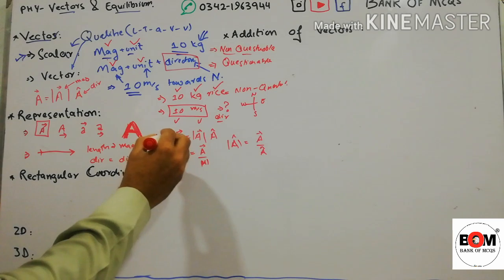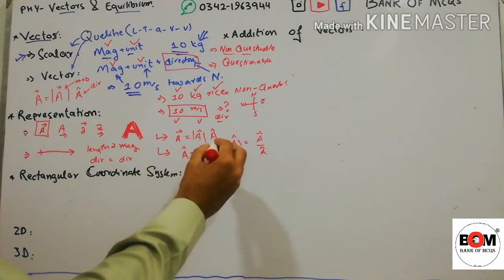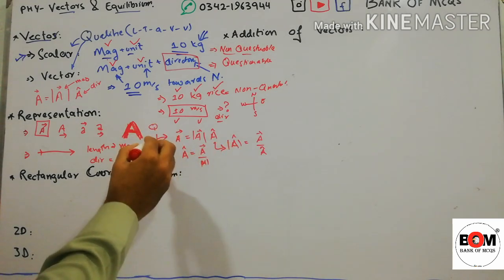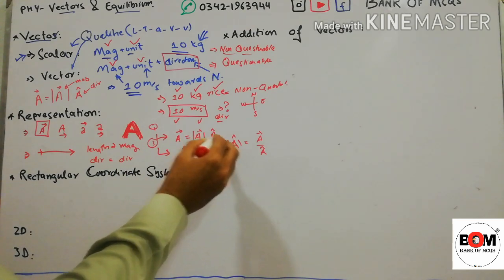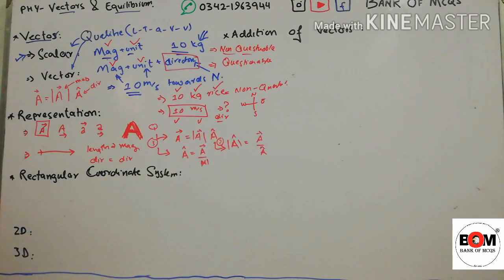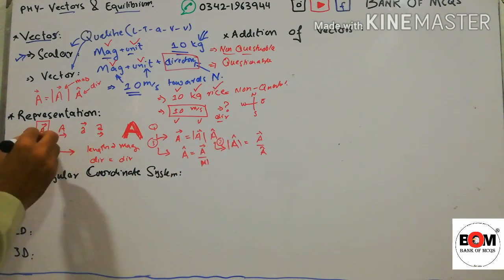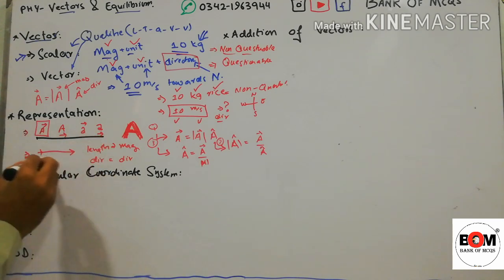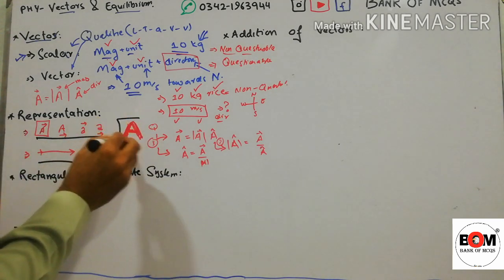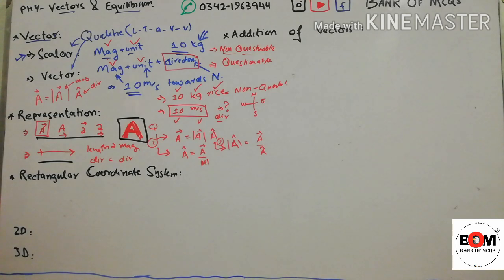So we can write this or this. These are three representations of a vector. A vector can be represented this way, or this way, or by writing it in bold.